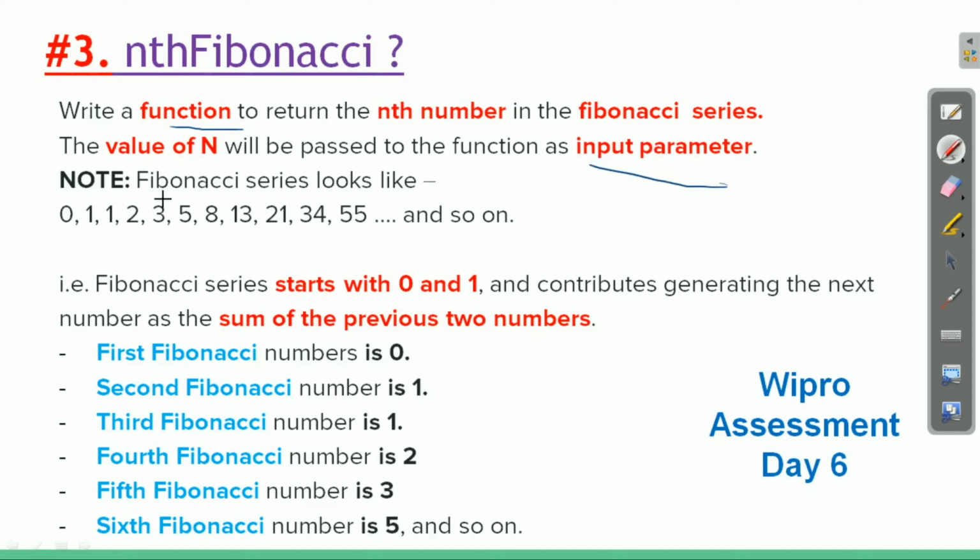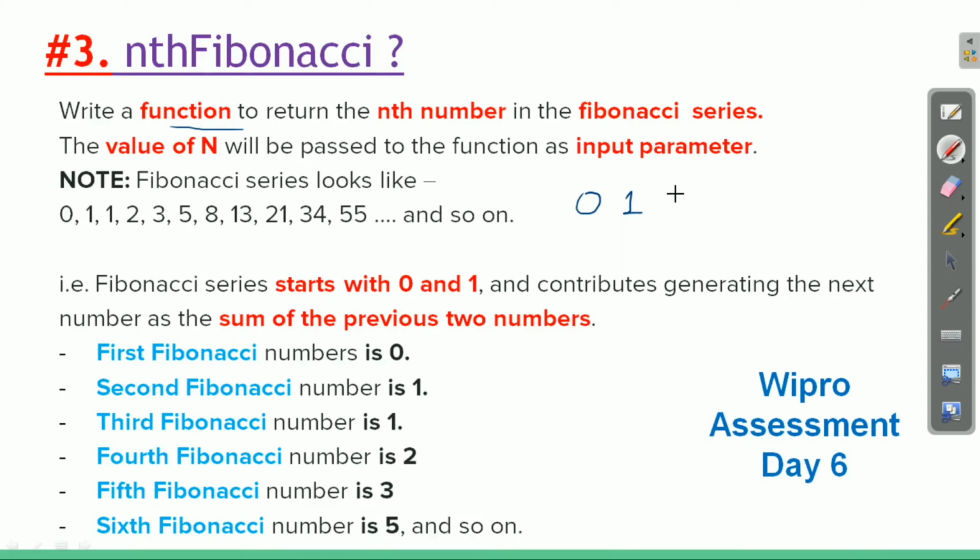Note that the Fibonacci series looks like 0, 1, 1, 2, 3, 5, 8, 13, 21, 34, 55 and so on. That is, the Fibonacci series starts with 0 and 1 and continues generating the next number as the sum of the previous two numbers. The first number will be 0, the second number will be 1.